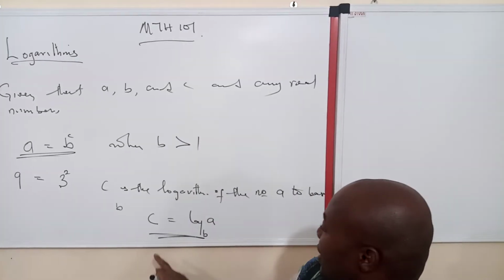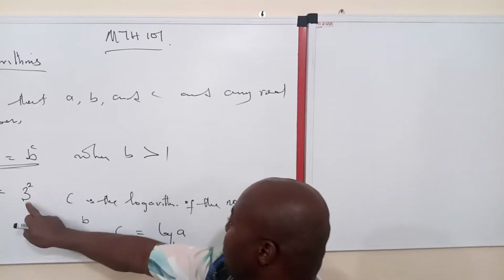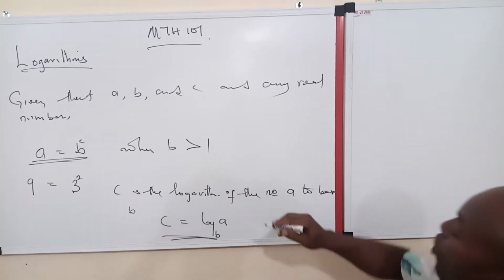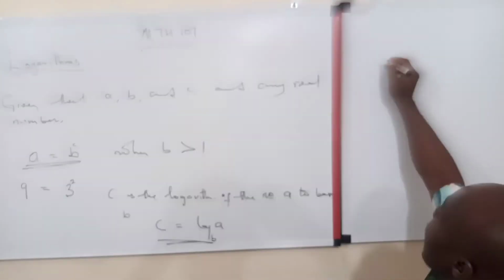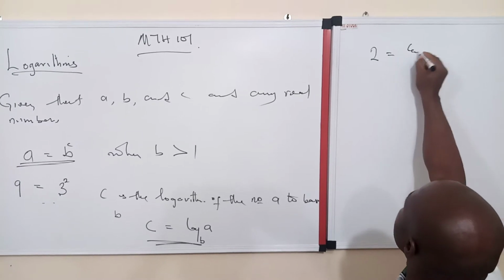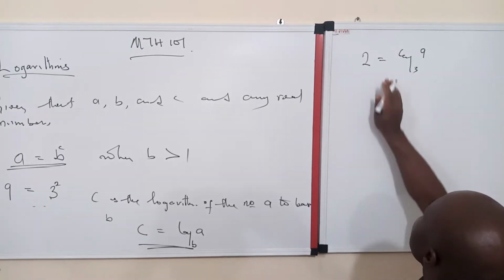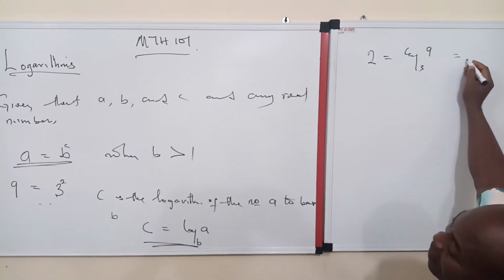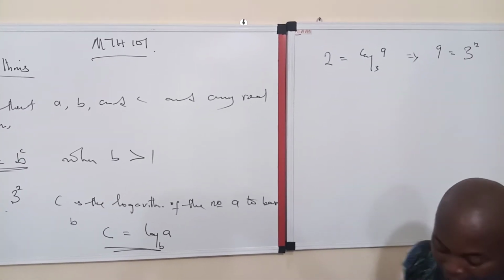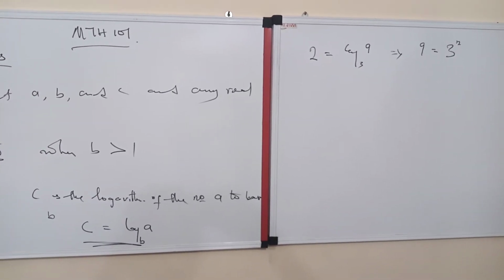If you look at this, you can see that the C is in the place of the 2, the B is in the place of the 3, and 9 is the number, which is the A. So we can write this again as 2, which is the logarithm of the number 9 in base 3. This expression is the same thing as 9 is equal to 3 raised to power 2.